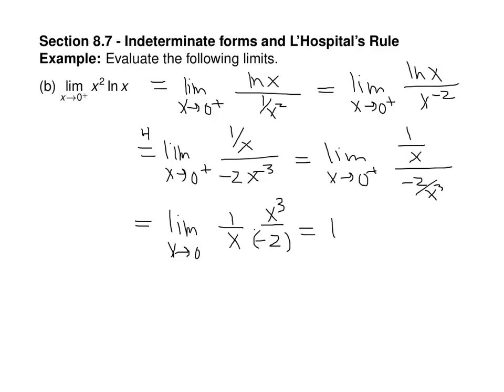And that will, when we cancel an x, give us the limit as x goes to 0 plus of x squared over negative 2. And now we can actually input 0, and this limit is equal to 0.